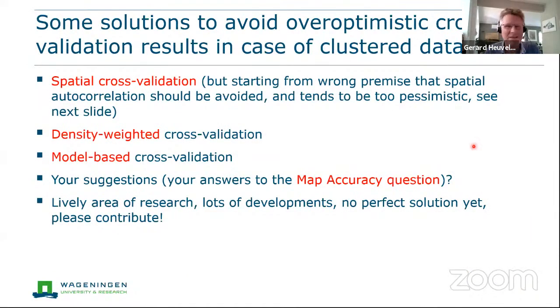So we want to estimate the population map accuracy. If we have a random sample, the nice thing is that we have theory that tells us our estimate will be unbiased, and we can also quantify the estimation error.